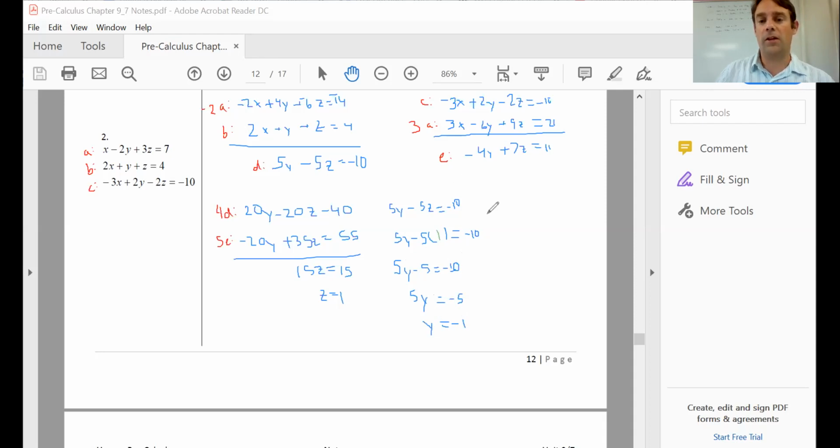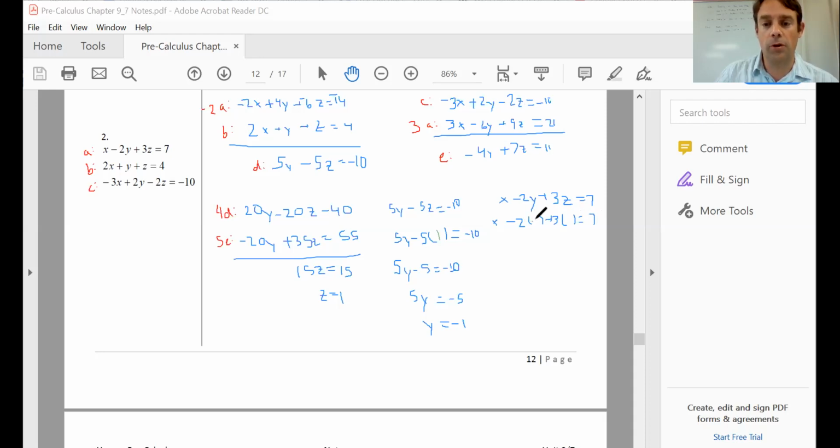And then plug it back in to figure out what x is. I'll use that A equation. All right, so x minus 2 times y plus 3 times z equals 7.